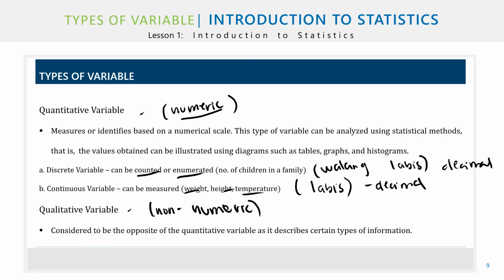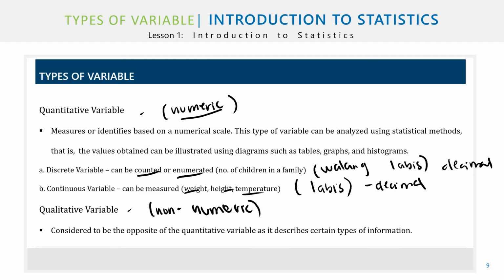Diba? But, take note, these two kinds of variable can be combined in your research. Pwede siyang, yung research topic niyo is pwedeng maging qualitative and then at the same time quantitative. But as for now, I will suggest na isa-isa muna, kung quali, kung quanti. Diba?